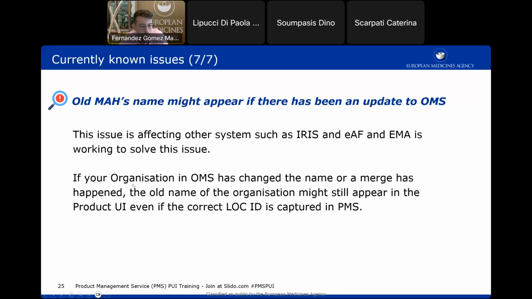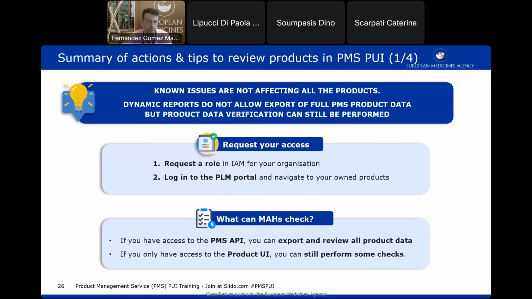All the POs for all these systems are working together to identify the solution, to see how we can capture the updated version of the data that we have in OMS. So this will be solved, but for the moment, just for you to know, this might happen.